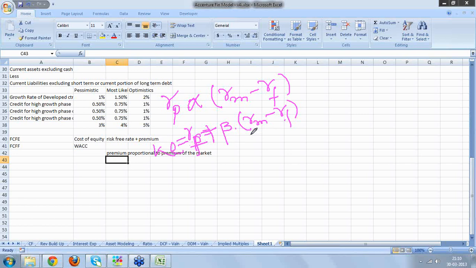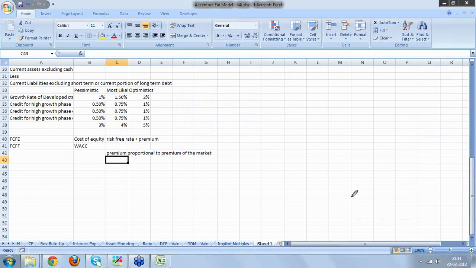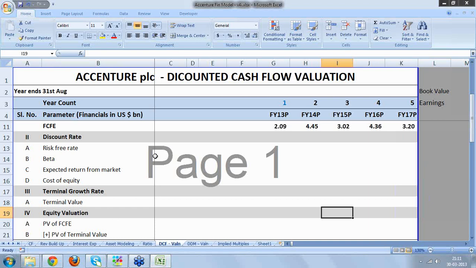With this, I will now move back to my valuation sheet and start modeling my case. Risk-free rate: since our assumption is to build a model on the basis of publicly available information, there is plenty of literature available on risk-free rate.